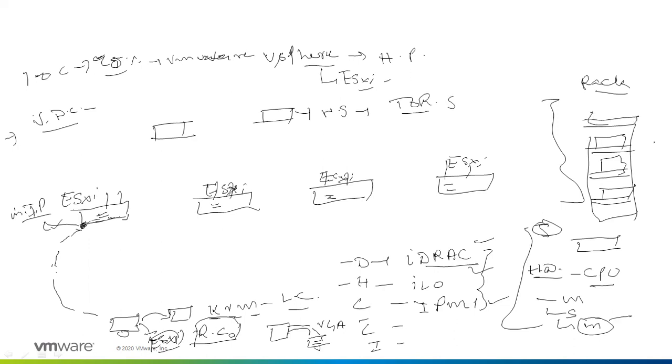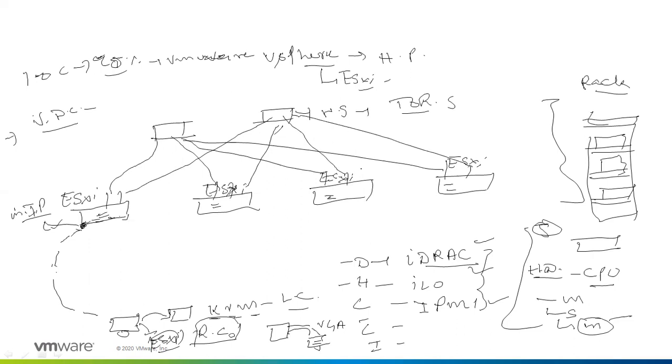There would be one switch on one rack and another switch on another rack. To maintain network redundancy, we always connect these ESXi hosts with the top of rack switches. It could have two ports minimum for redundancy purposes, but somewhere you will see four ports available.